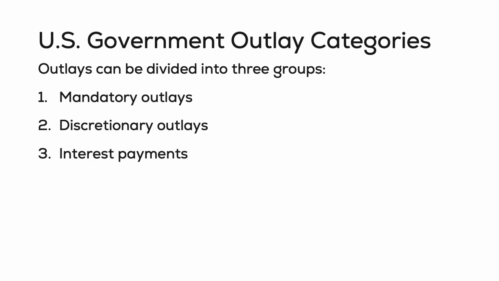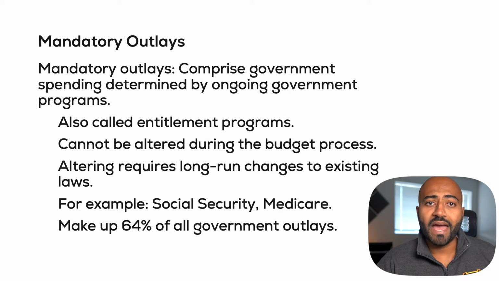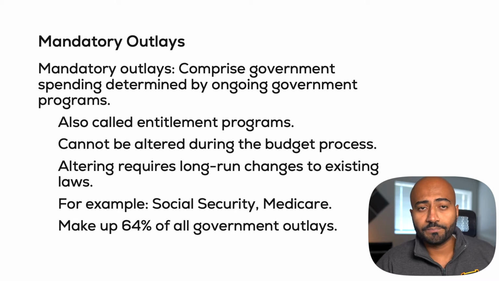Mandatory outlays are spending because an existing law mandates that the government fund these programs. It is very difficult to adjust these mandatory outlays. Some mandatory outlays are called entitlement programs because citizens who meet certain requirements are entitled to these benefits. And therefore, this becomes really important when we're thinking about what the government can adjust and the government's problem.